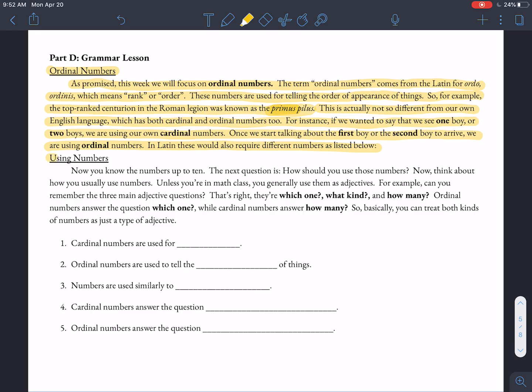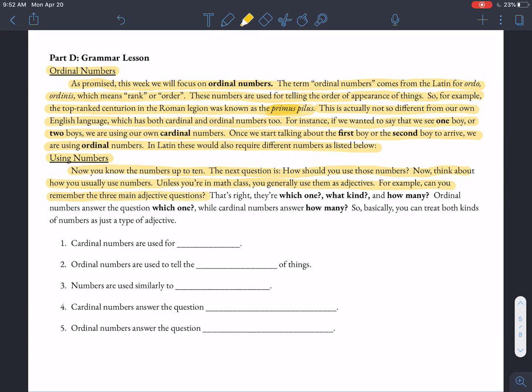Finally, why the heck is Magistra teaching us about cardinal numbers and ordinal numbers, and are they important? Yes, they are. Now you know the numbers up to 10. The next question is, how should you use them? Think about how you usually use numbers. Unless you're in math class, you generally use them as adjectives. For example, can you remember the 3 main adjective questions?